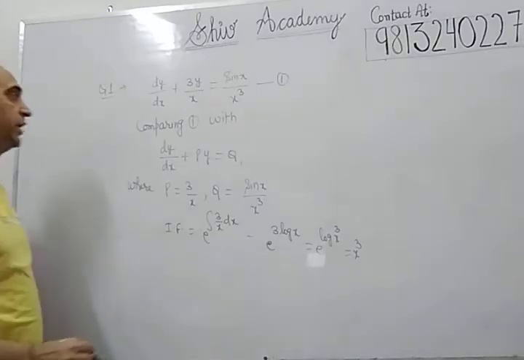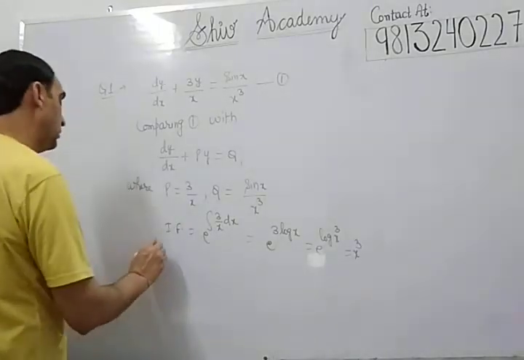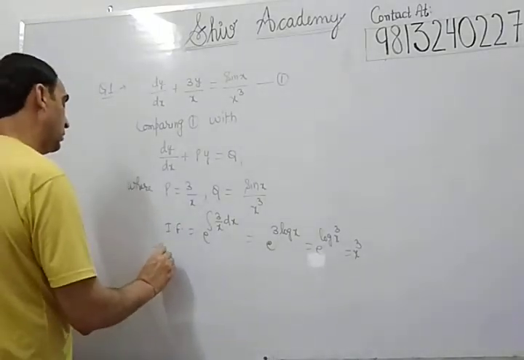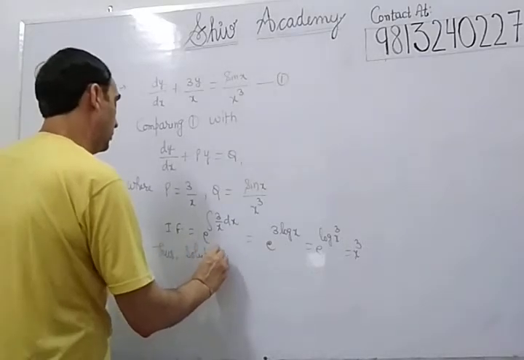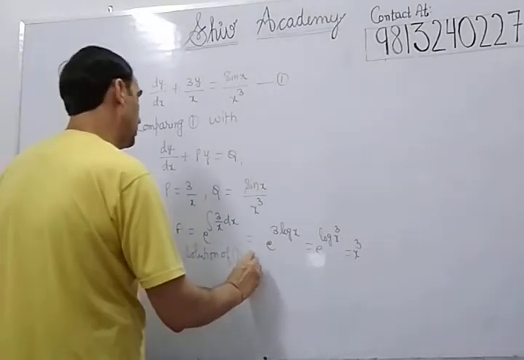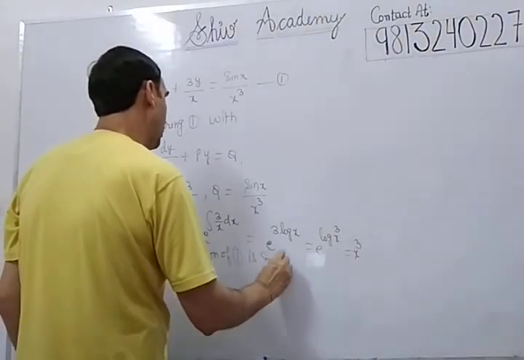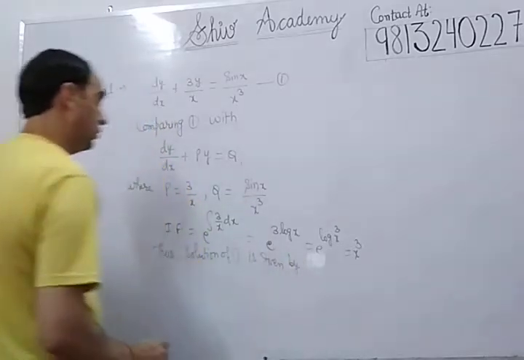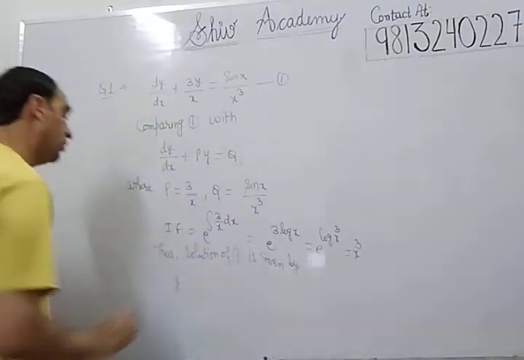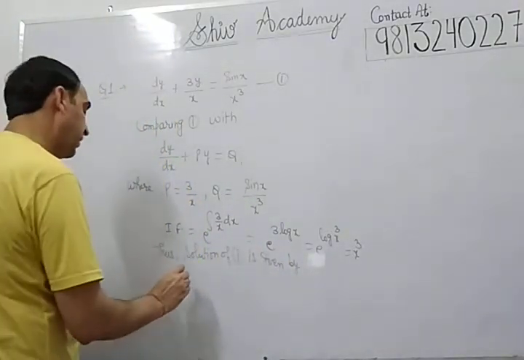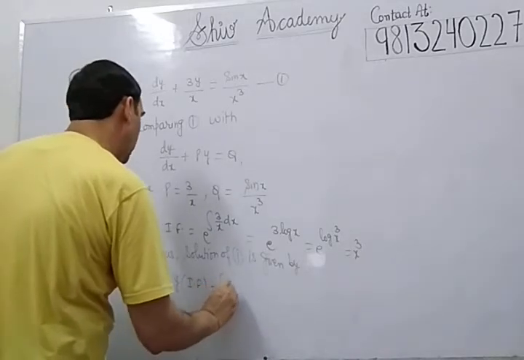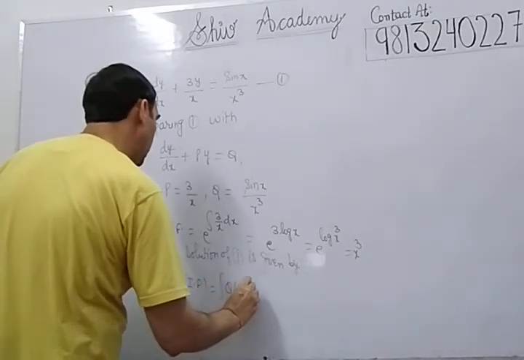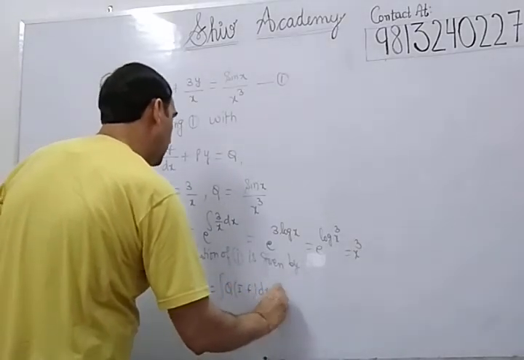And the solution of 1 is given by: we write the dependent variable y into integrating factor equal to integral q into integrating factor with respect to x plus c.